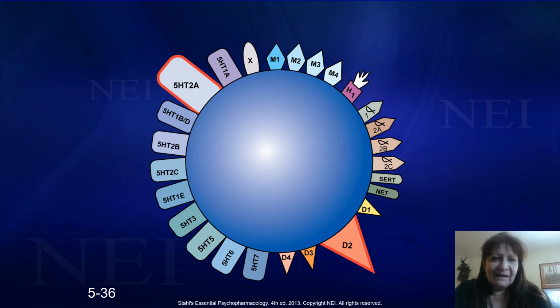Keep in mind that drugs in this class interact with other receptor subtypes, and there are no two atypical antipsychotics that have identical binding properties. They are all completely different.